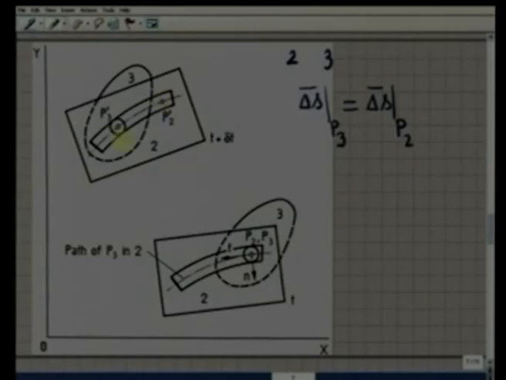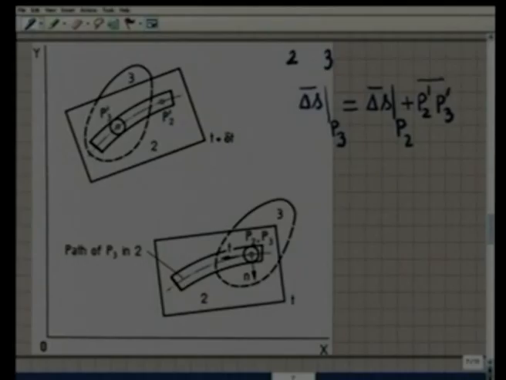This vector P3 P3 prime is P2 P2 prime plus P2 prime P3 prime.